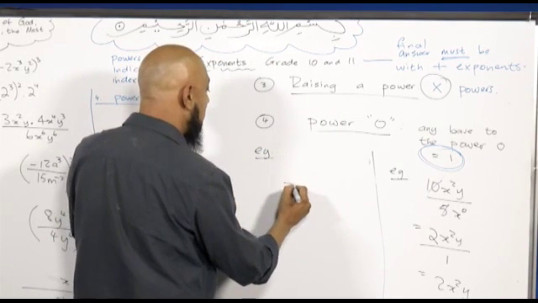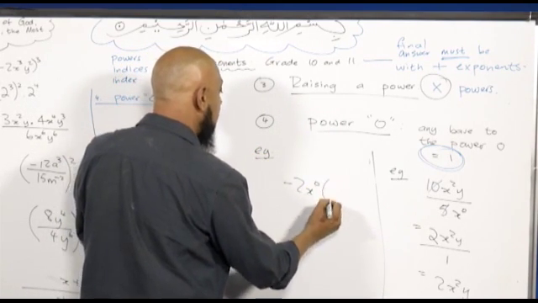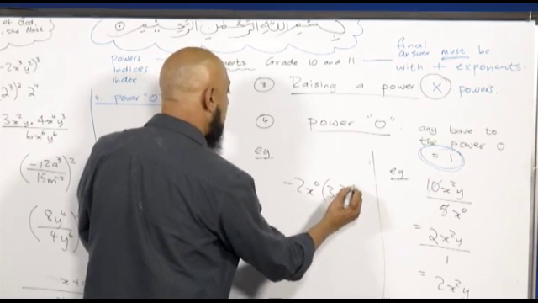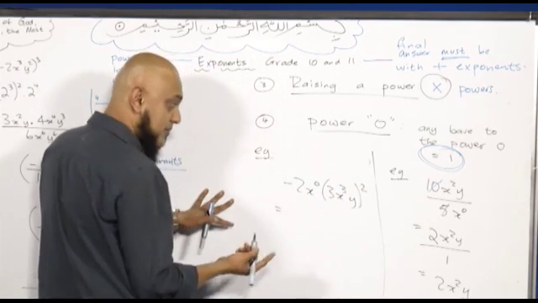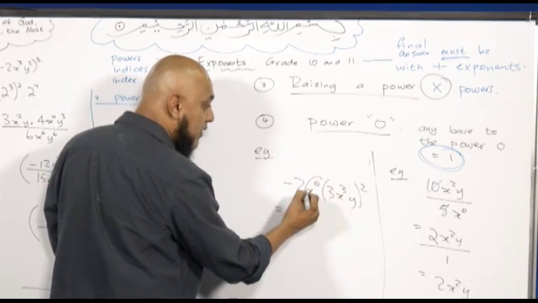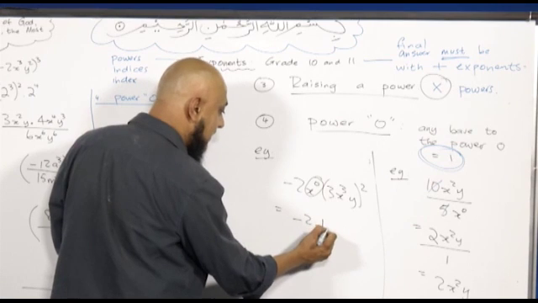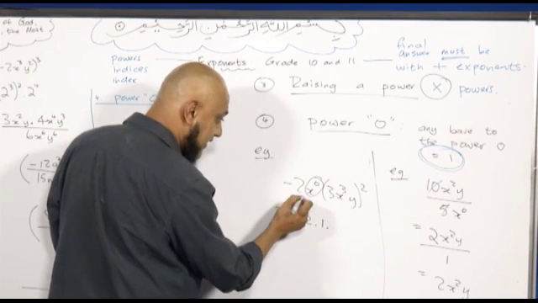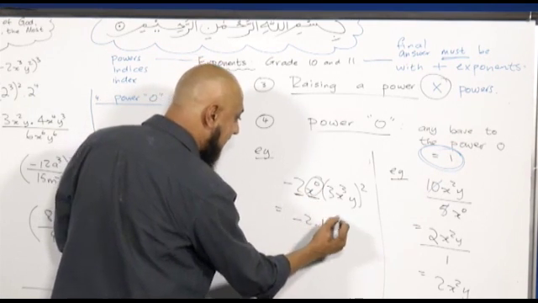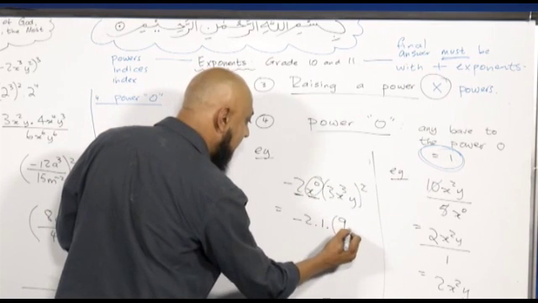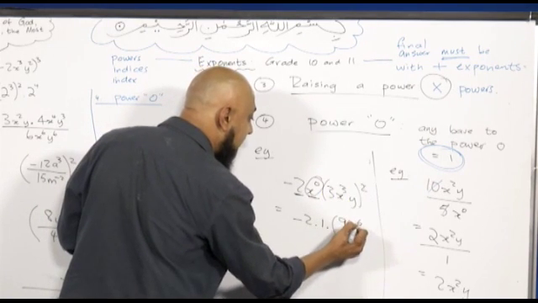If I told you minus 2x to the power 0 into 3x^3y squared. Be careful now. X to the power 0 is 1. So it's minus 2 times 1 times 3 squared, which is 9. X to the power 3 times 2 is 6.